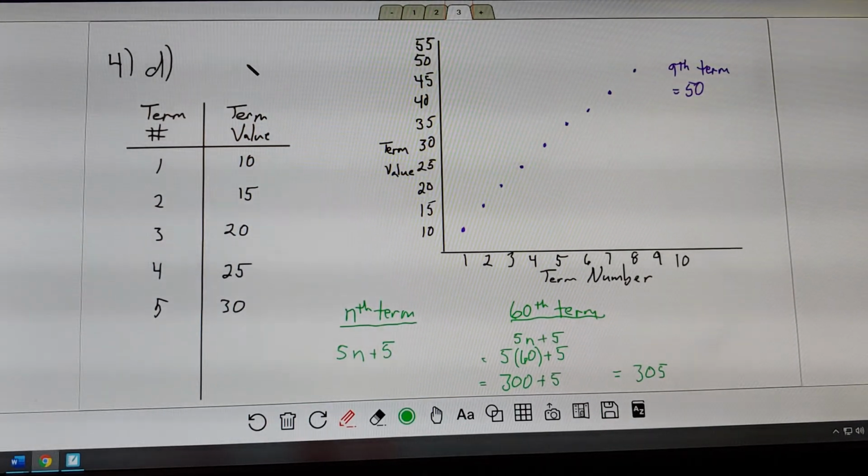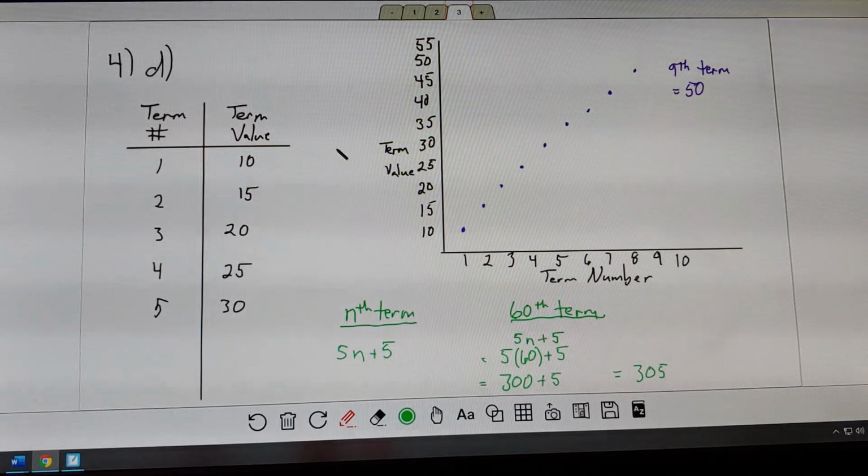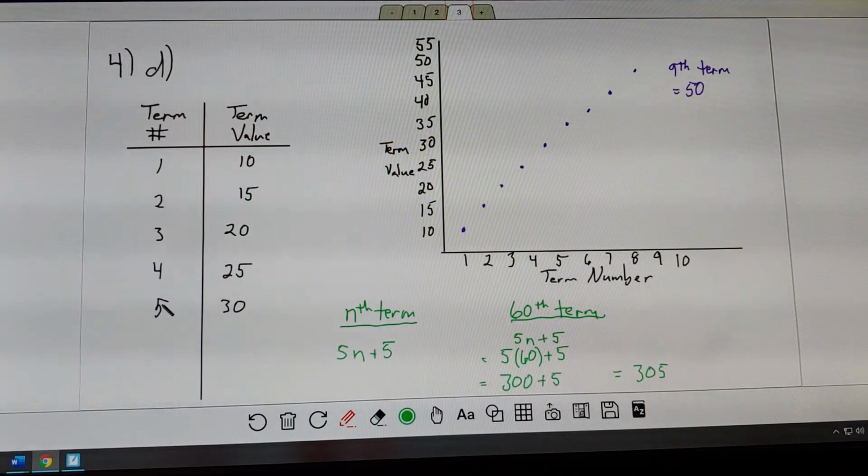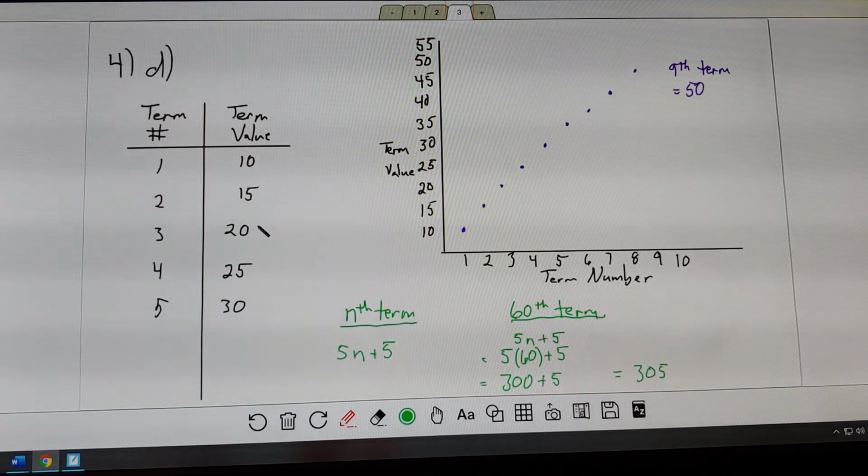So again, I decided to show you letter D. Term number, term value chart. They gave us the pattern of 10, 15, 20, 25, 30. So we see that the 5th term is 30, the 3rd term is 20, and so on. Then they asked us to graph it and use the graph to figure out what the 9th term would be.